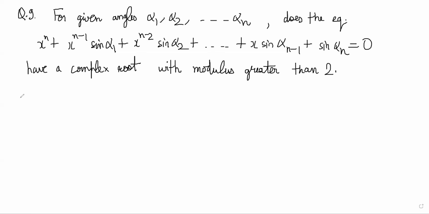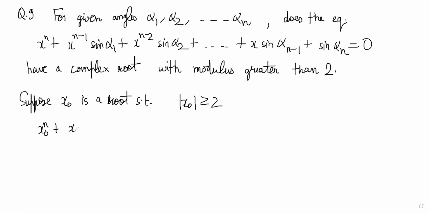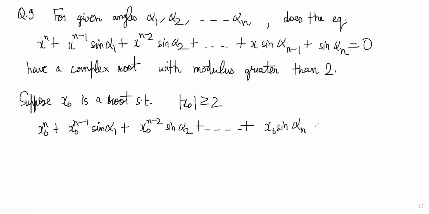So let's say, suppose x naught is a root such that modulus of x naught is greater than or equal to 2. So x naught should satisfy this equation. So you have x naught power n plus x naught power n minus 1 sine alpha 1 plus x naught power n minus 2 sine alpha 2, and so on, till x naught sine alpha n minus 1 plus sine alpha n equal to 0.